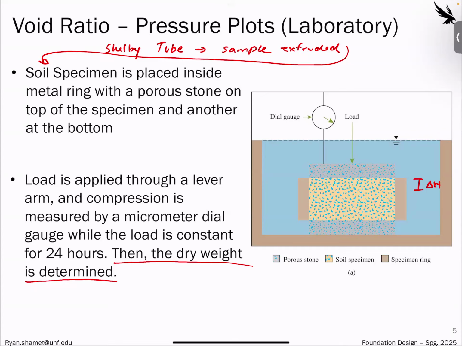And then this last step of taking the sample and oven drying it is required to make all of that data make sense. So you could accidentally screw it up at the very end, and then all of that data that you just spent a week collecting is essentially useless. That's one of the things you have to consider, which is why a lot of labs put a little price on these consolidation tests just for the time required.